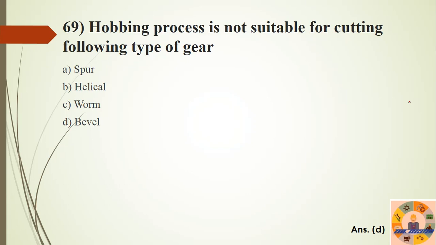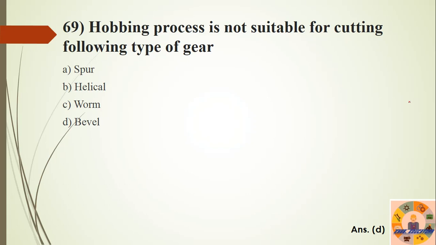Next question is, the hobbing process is not suitable for cutting the following type of gears. Option A, spur gear. Option B, helical gear. Option C, worm gear. And option D, bevel gear.